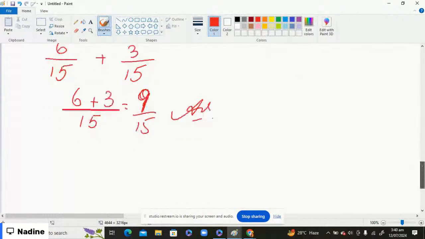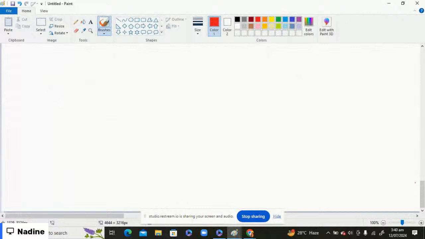Okay, now let's solve one subtraction question. That is 4 by 3 subtract 5 by 9. So now you guys tell me, there is 4 by 3 and the next one is 5 by 9.